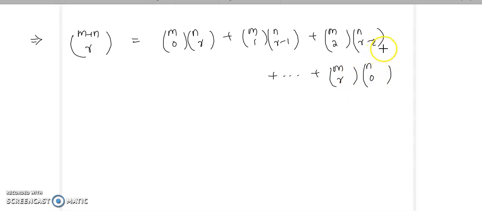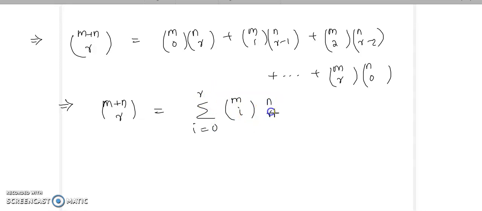So this is the required identity. That implies (m+n)Cr will be equal to summation i equal to 0 to r of mCi nC(r-i). So this is the proof for Vandermonde's identity.